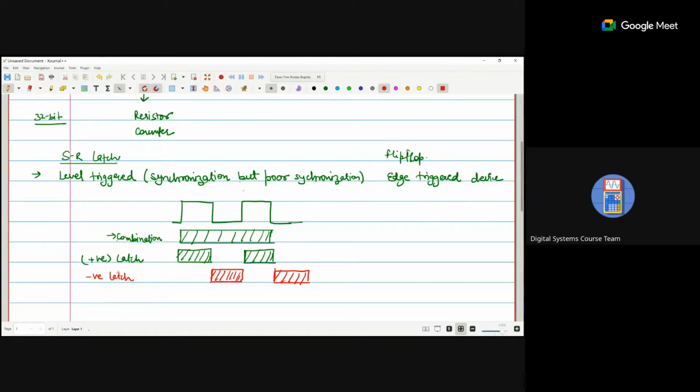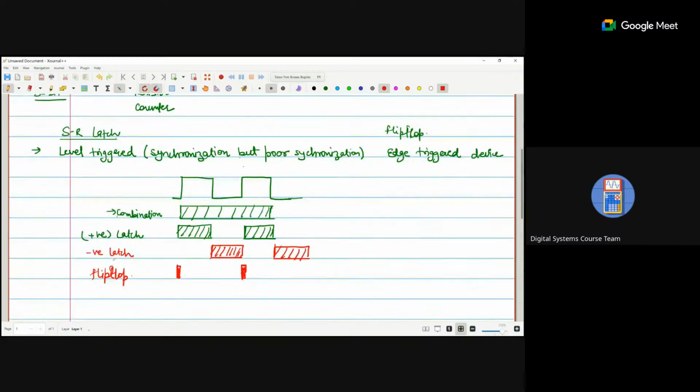Now the third is the flip flop, which performs either at the positive edge, where I just take a short duration, that is the positive edge.